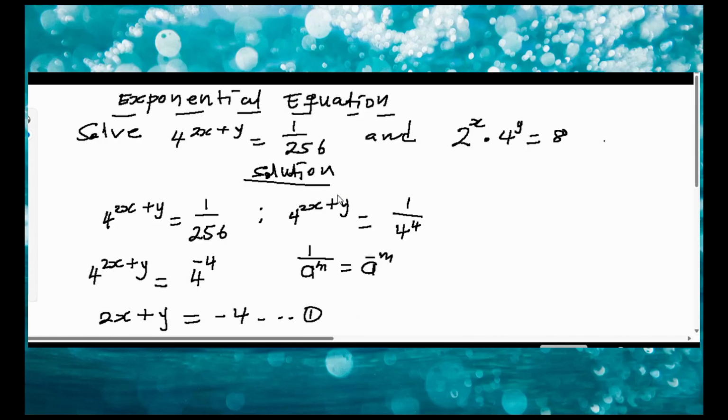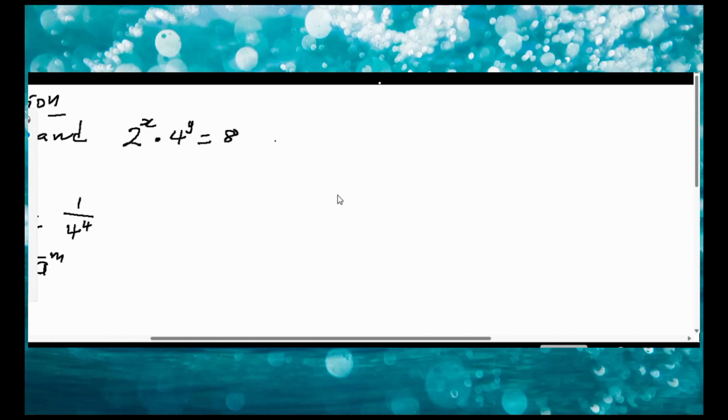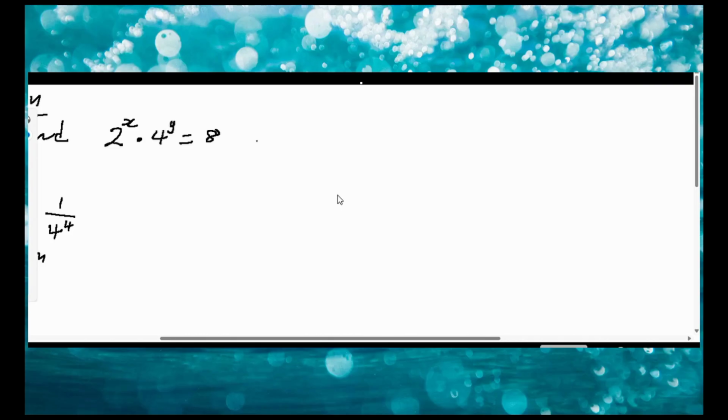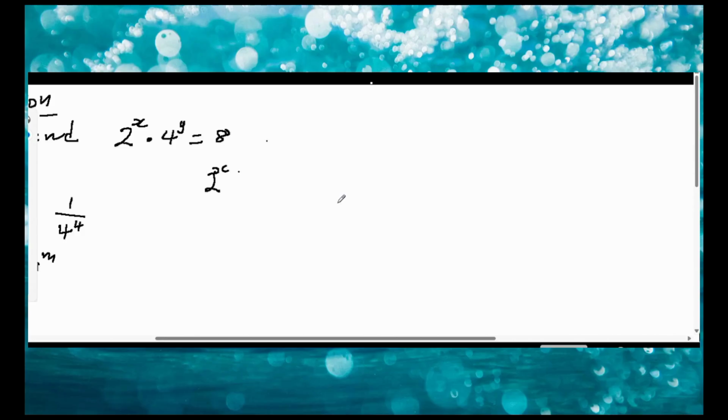Then equation 2. To get equation 2, we're going to solve this. We're going to try to change 2 raised to the power x times 4 raised to the power y equal to 8 into a linear equation.